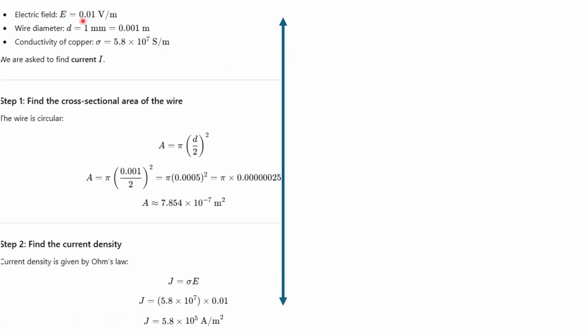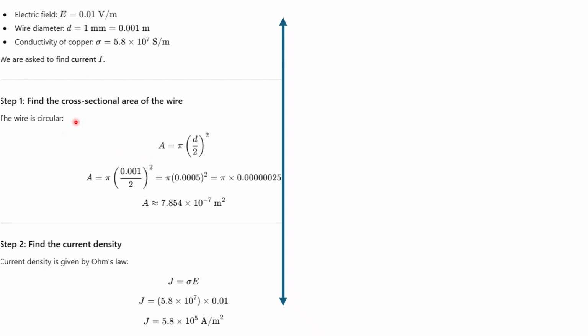So for the calculations, the electric field is given, the diameter is given, and the conductivity is also given. In some question, instead of the conductivity, they might give you the values of mu, the mobility of electron and hole, and then N, the concentration, and the electronic charge, and then ask you to find the same current. In that case, you have to find the conductivity, but here it has already been given, so no need.